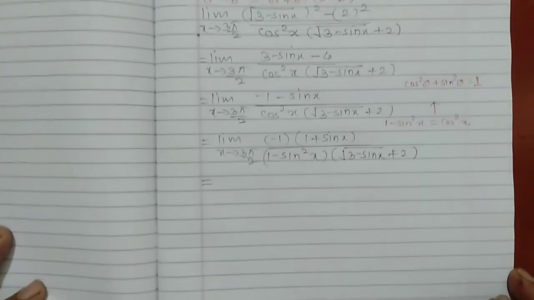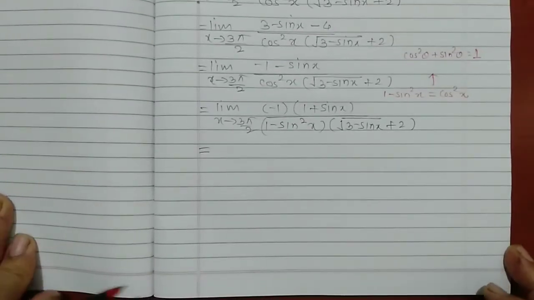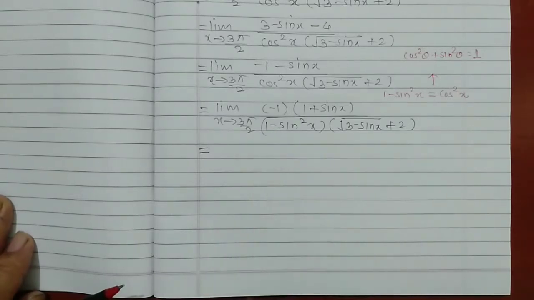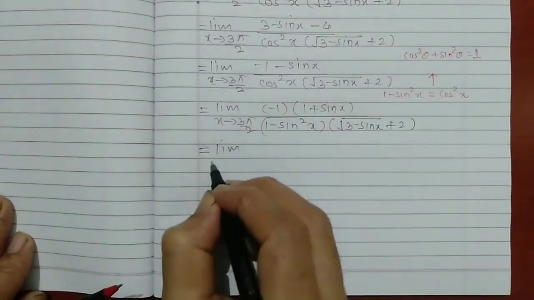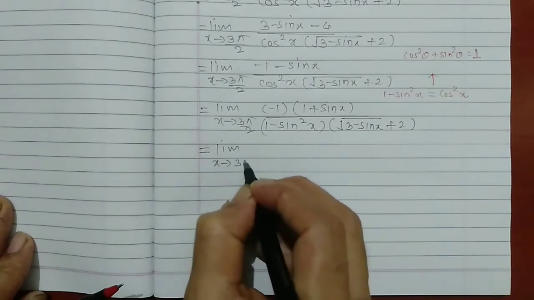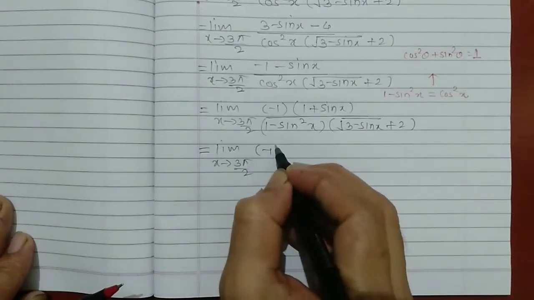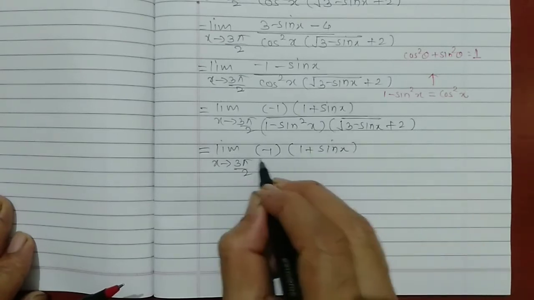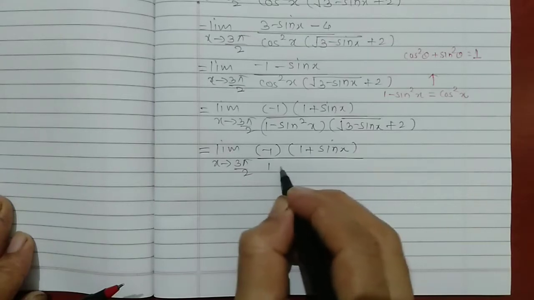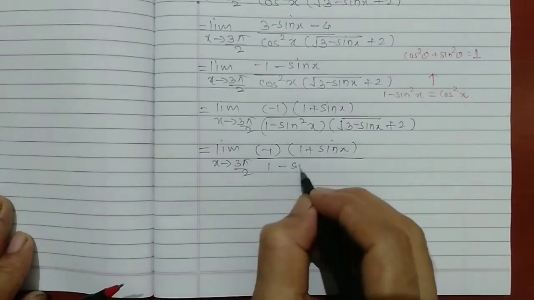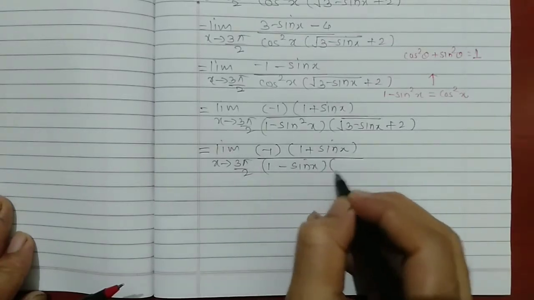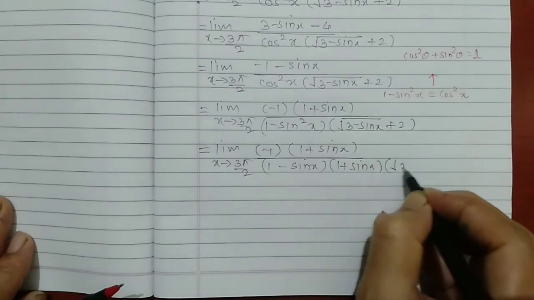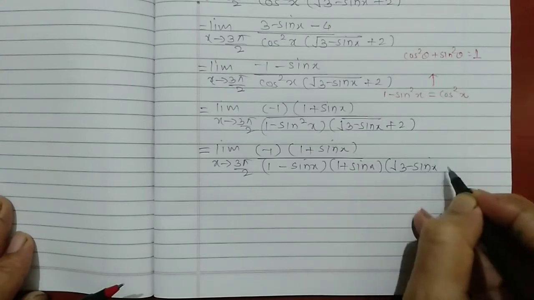Again we are using the same formula of a square minus b square. So this is 1 square, this is sin square. So this is the limit x tends to 3 pi by 2 of minus of 1 plus sin x divided by 1 minus sin x, 1 plus sin x into root of 3 minus sin x plus 2.